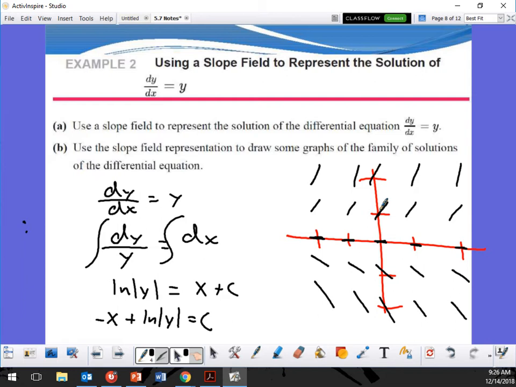Okay, let's plug in 0 and 1. 0x, ln 1 is 0, so c equals 0 on that one. So I would have a particular solution for that one. I could just keep going through and plug in each one to solve for a c for each one, so I can get a specific solution. I'd have a function that looks like this that's going to match something like here. It's going to go through this.